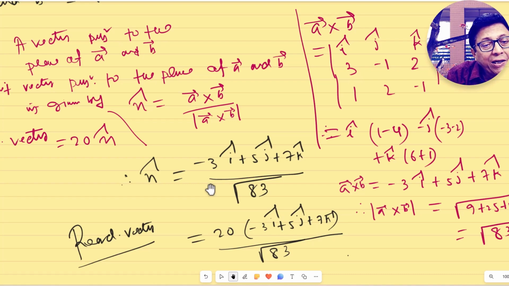By finding A cross B and its mod. A cross B is what? Minus 3I plus 5J plus 7K by root 83. And the required vector is what? 20 into that.